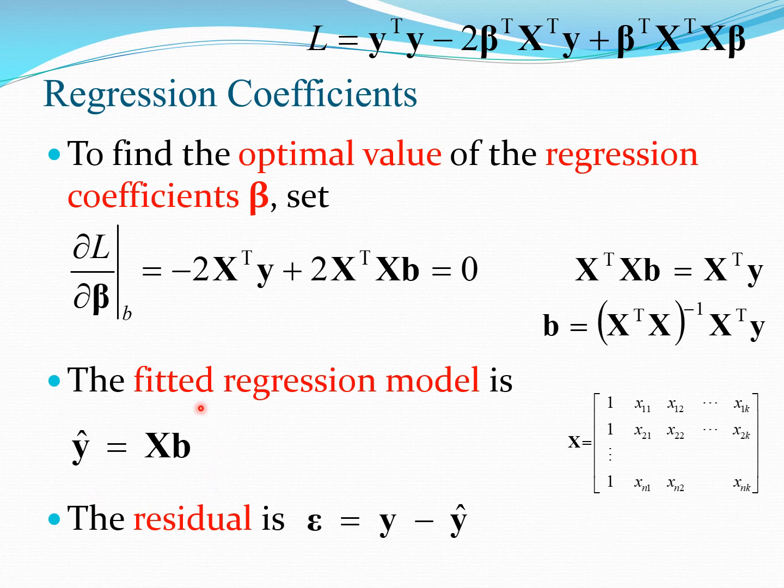So the fitted regression model is of course not an exact solution to the problem, because it's trying to fit all the points which you have given to the particular functional set which you have provided, and therefore there is going to be an epsilon present everywhere, and the epsilon can be calculated by y minus y hat.